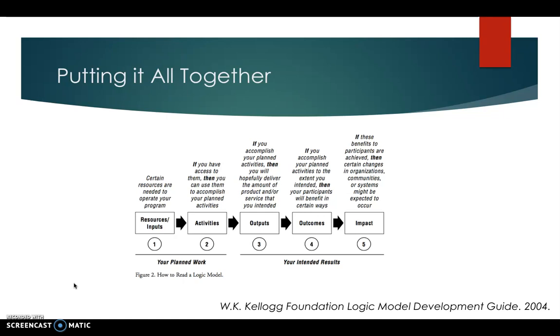Another way, my preferred way actually, to read a logic model is from right to left. If we want to create this particular impact, we must first create these outcomes. To generate those outcomes, there are certain activities and related outputs that must be performed.